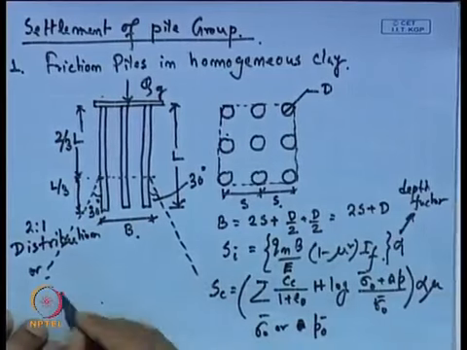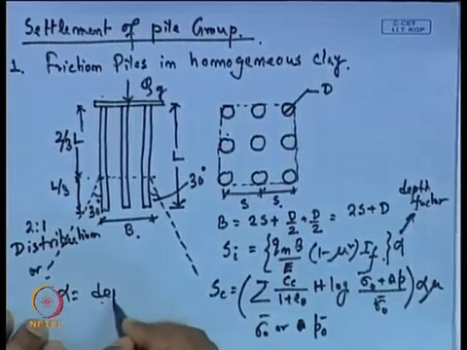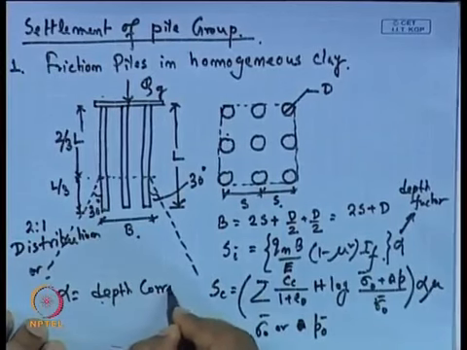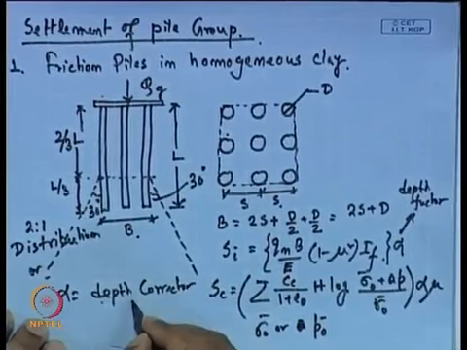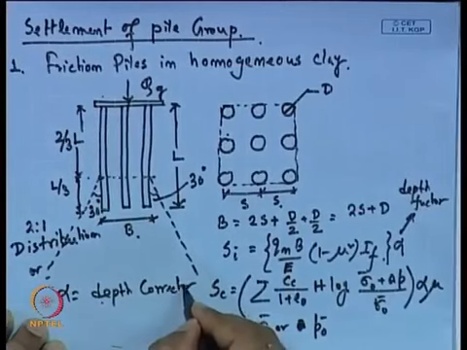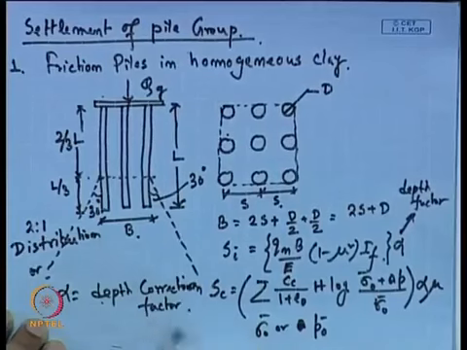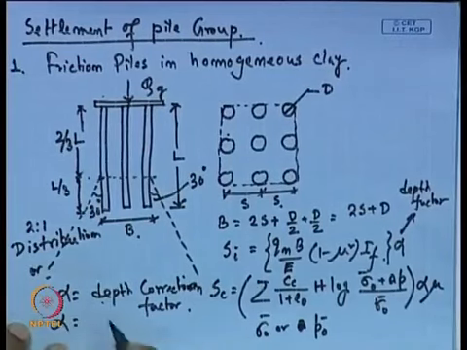Alpha is the depth correction factor, and mu is the correction factor due to pore water pressure.